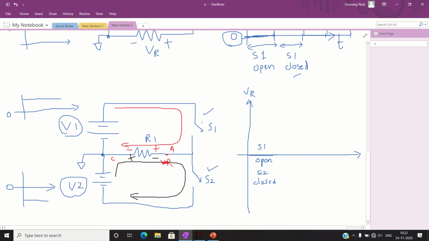So if my S1 is open, what happens? There is no current because of V1, no path for the current to flow there. But S2 is closed, so there is a path for V2. Because of V2 there will be a current through this second loop, and the voltage that will appear across the resistance will be negative with respect to the common point.